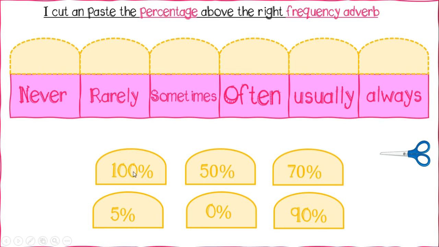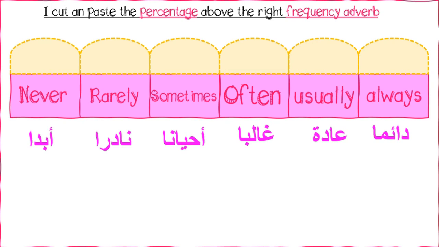You have 100%, 50%, 70%, 5%, 0%, 90%. So you're going to put each percentage next or above the right frequency adverb. I give you some time to think. So we go to number 1, always. It's 100%.